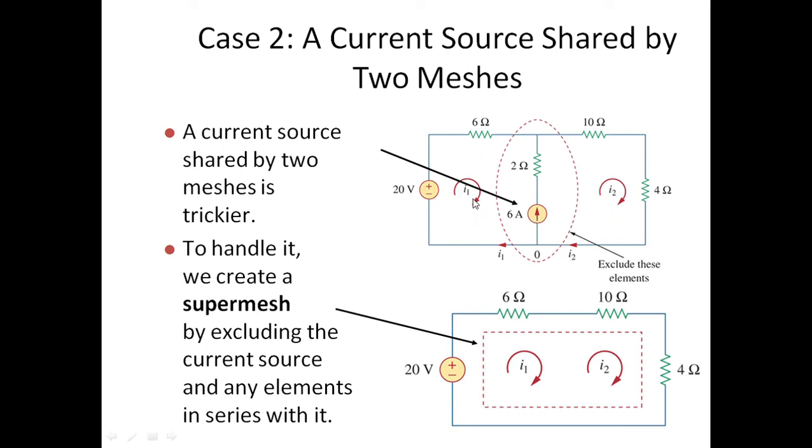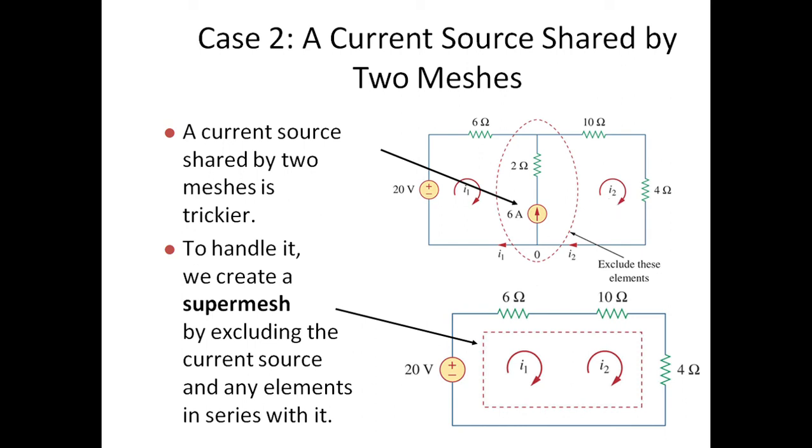The resultant current in this 6 ampere branch is I1 minus I2 equal to 6 amperes, or I2 minus I1 equal to 6 amperes, because we have to consider I2 minus I1 rather than I1 minus I2. Why? Because I2 is in the direction of the 6 amperes, and I1 is opposite to the 6 amperes. So the supermesh equation is I2 minus I1 equal to 6 amperes.